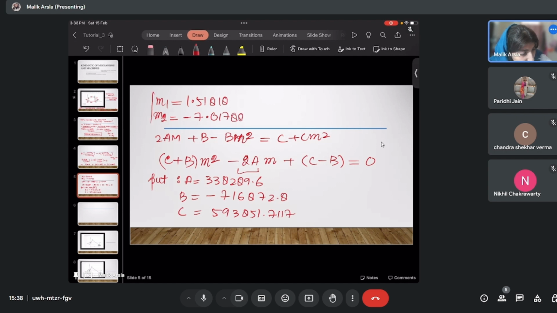Okay, so these are your roots. You get it from here.